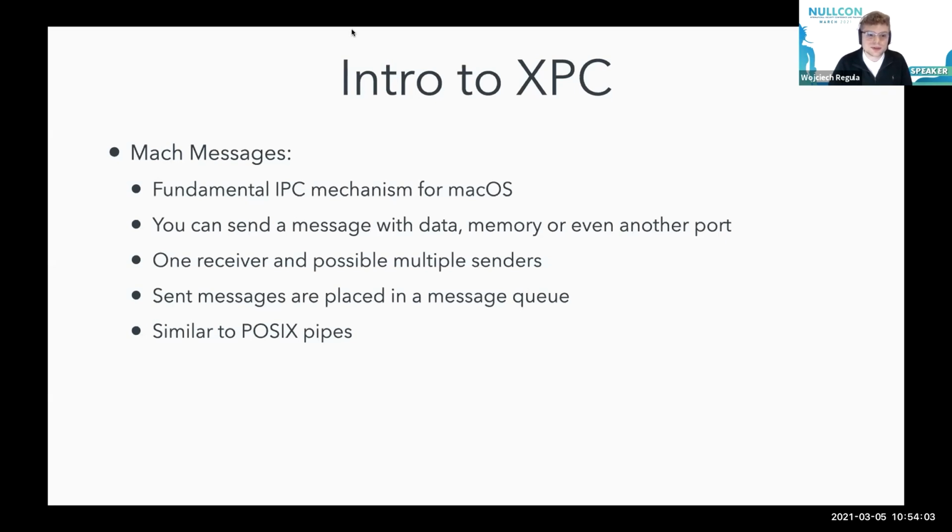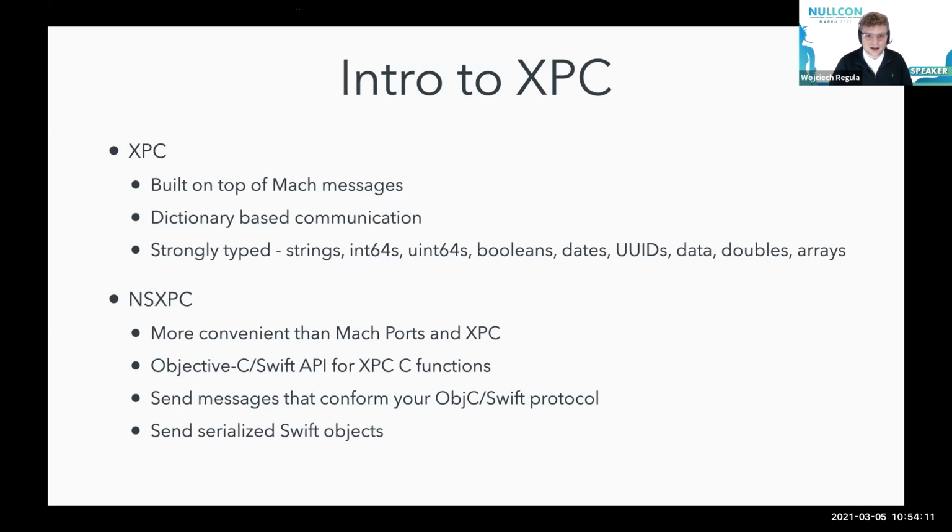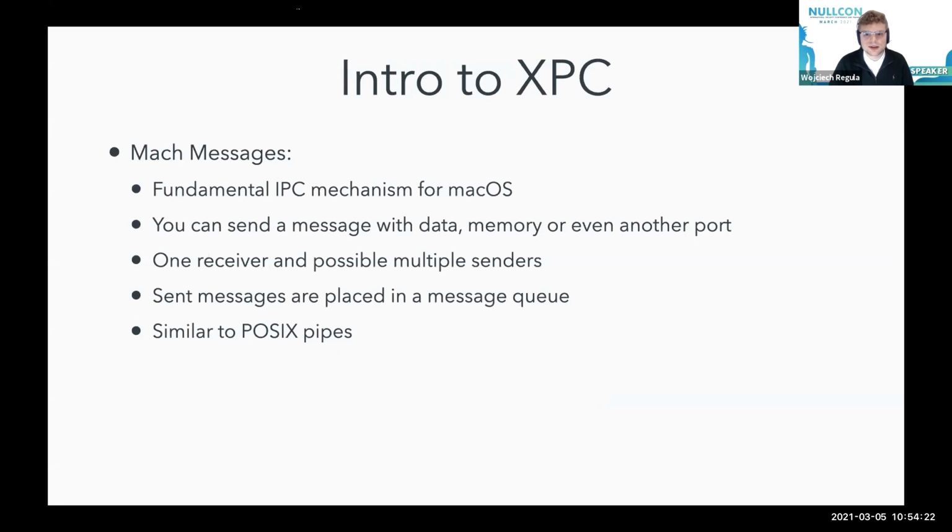They are really powerful because they allow us to send messages with data, but even memory or another port pointing to another Mach server. And what's important is that the sent messages are placed in a message queue whenever the Mach server is not able to handle them at the same time. So please keep it in mind, because it will be required to understand further exploits: the enqueuing of messages.